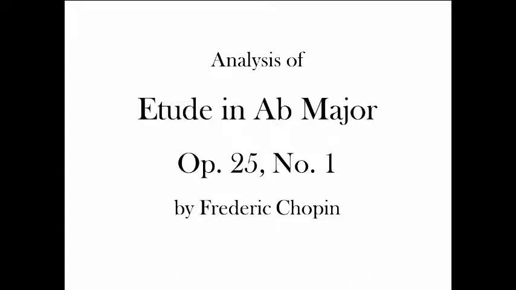So this was my analysis of the Etude in A-flat major, Opus 25, number 1, by Frederic Chopin. In this video, we talked about the large-scale form, which was simple binary form. We talked about the phrase level, the theme types. In each one, we had a couple of hybrids. And we also talked about the main motives of the piece. We get one in the soprano voice, one in the tenor voice, and one in the alto voice.